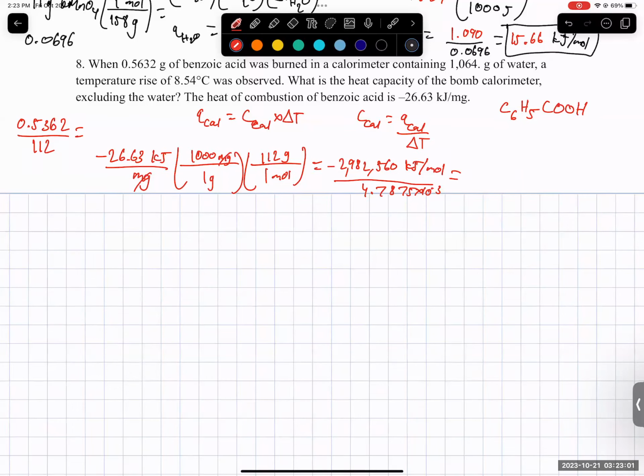What? Hmm? For the delta H. Not the delta H, sorry. Yeah, for the delta H. Because you see how the units are in kilojoules per milligram? And that's not the proper units. So I had to go from kilojoules per milligram into kilojoules per mole. Or are you confused?